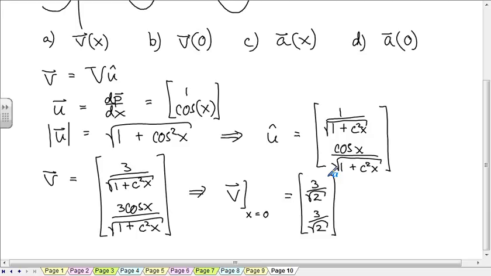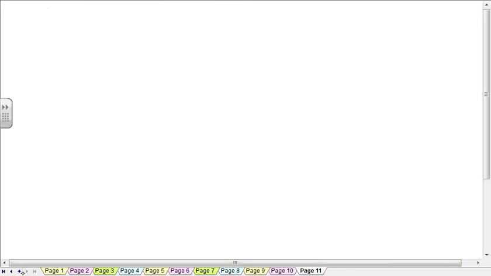Okay, so now the acceleration. The acceleration is equal to the derivative of the velocity with respect to x times dx/dt. And dx/dt is the x component of the velocity, so that's dv/dx times vx.